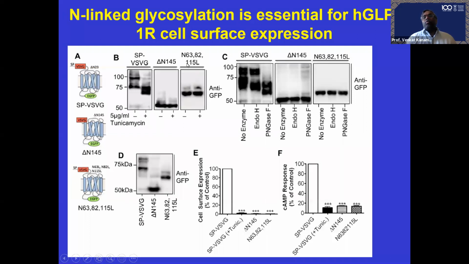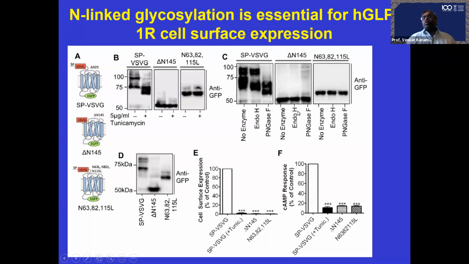Similarly, if you mutate the 3 amino acids which we know are required for glycosylation, that is asparagine 63, 82, and 115 to leucine, then it no longer gets glycosylated, and therefore you still don't see an effect of tunicamycin treatment on the mobility, indicating these are the sites required for N-glycosylation.